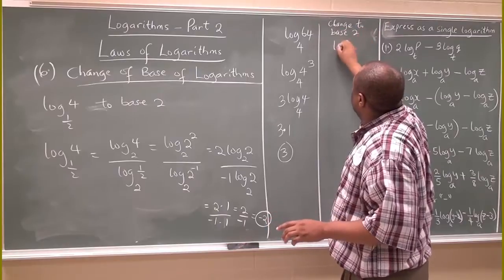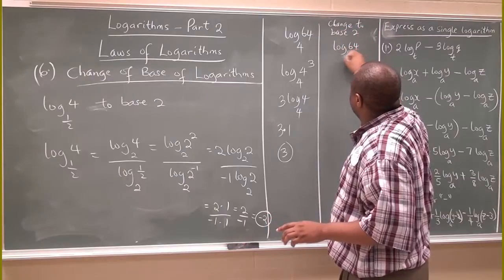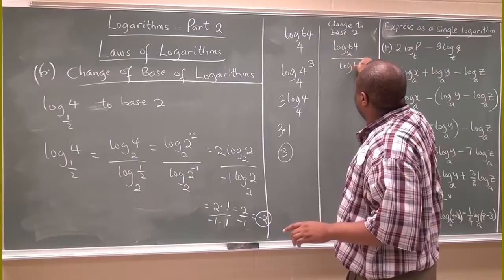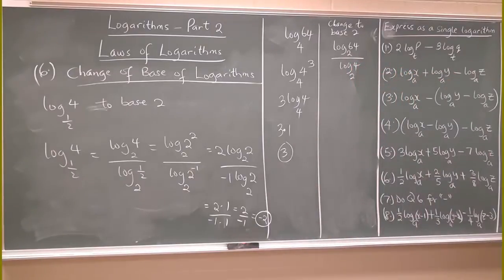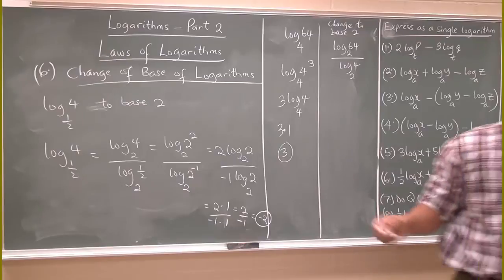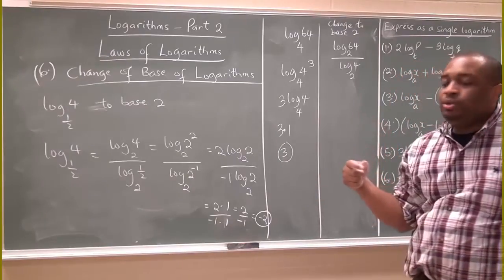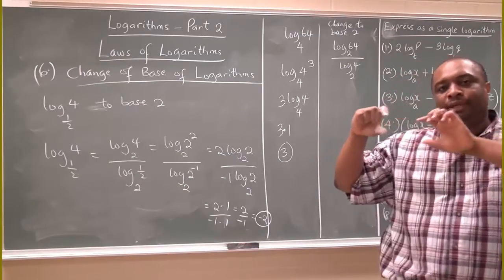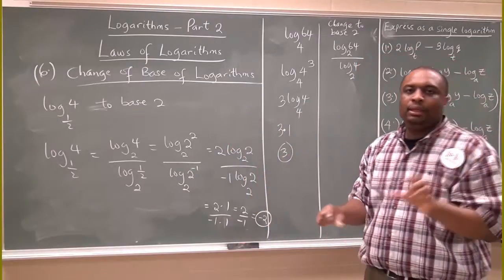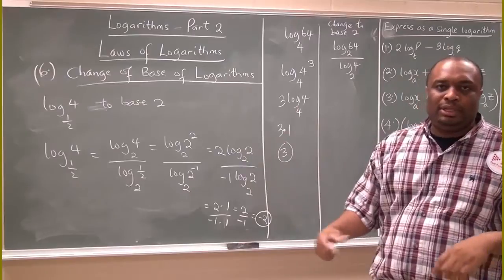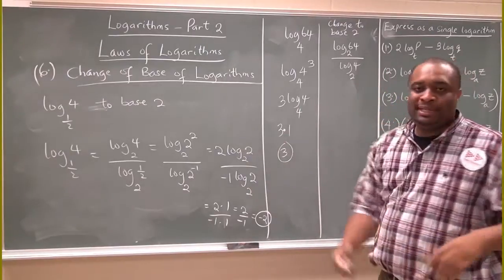So this will be log 64 base 2 all over log 4 base 2. All you're doing is, when you're changing to a base, you just want to change both the logarithm of the number and also the base to the next base you want to use, and you express it as a quotient.